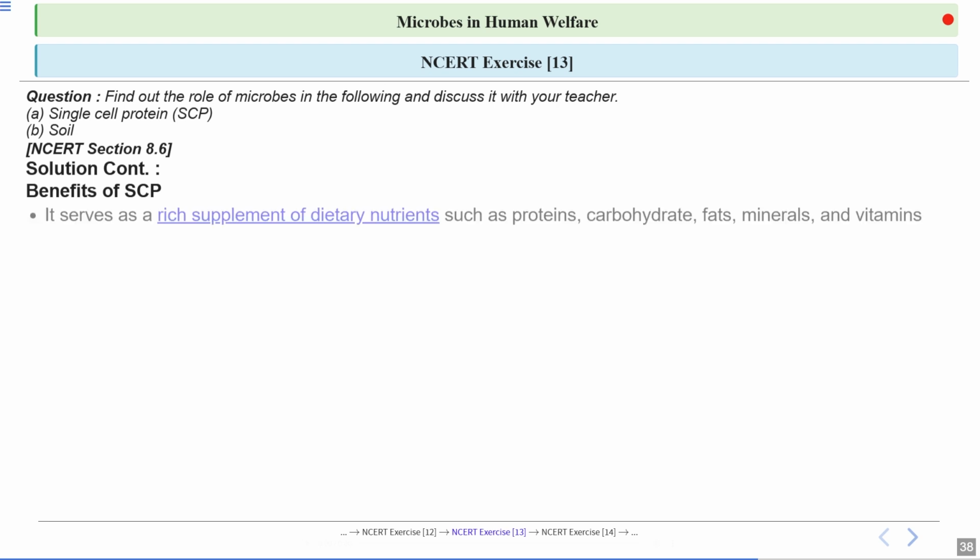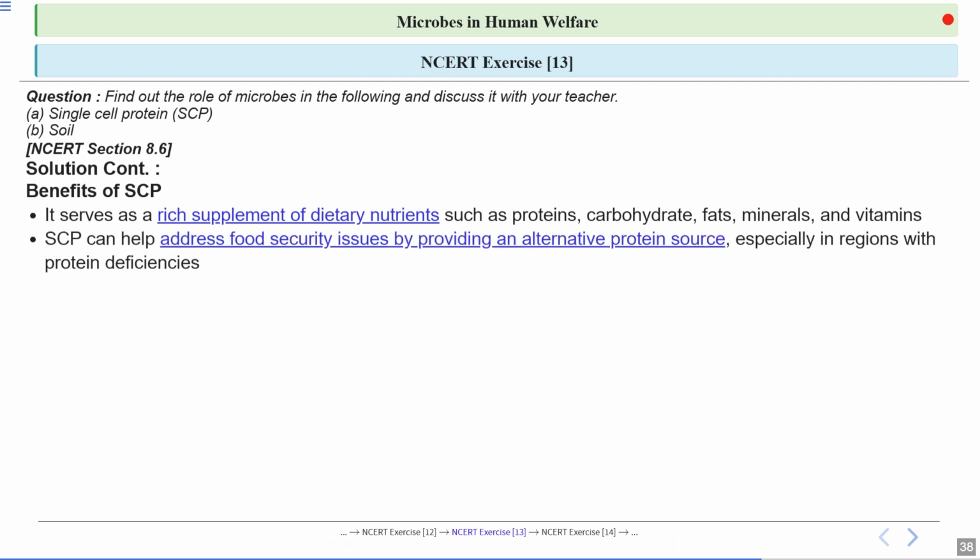What are the benefits of single cell protein? It serves as a rich supplement of dietary nutrients such as protein, carbohydrates, fats, minerals, and vitamins. Single cell protein can help address food security issues by providing an alternative protein source, especially in regions with protein deficiencies. Spirulina is a well-known example of a single cell protein source.